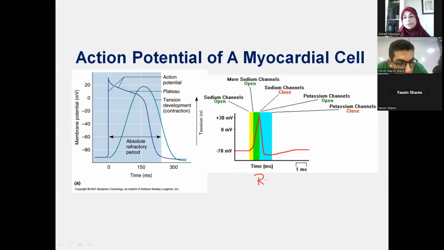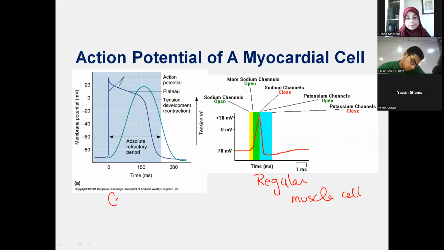So this is a regular muscle, and this is a cardiac muscle cell. Now ignore the green curve now. We will be talking about it later on, but focus on the blue curve or the blue graph that shows you the action potential of a cardiac muscle fiber.